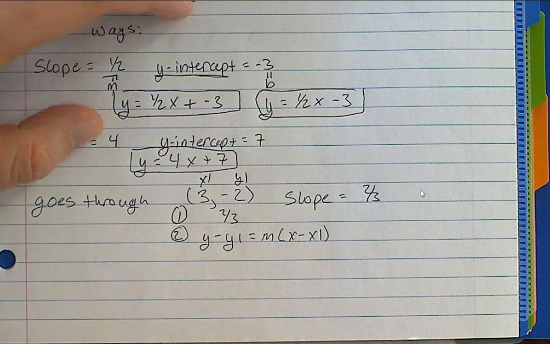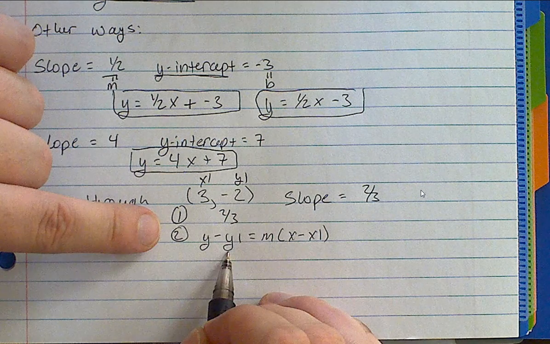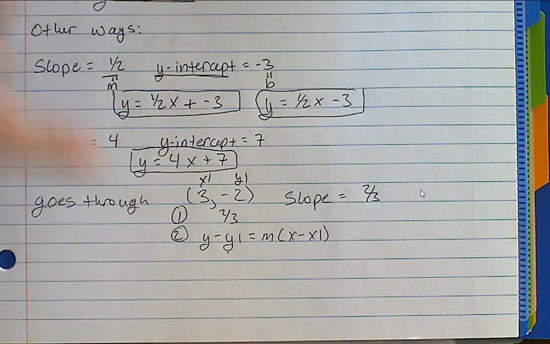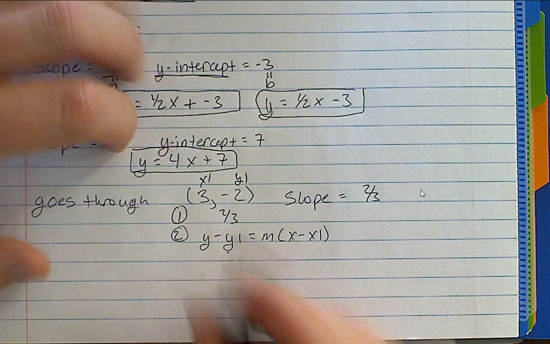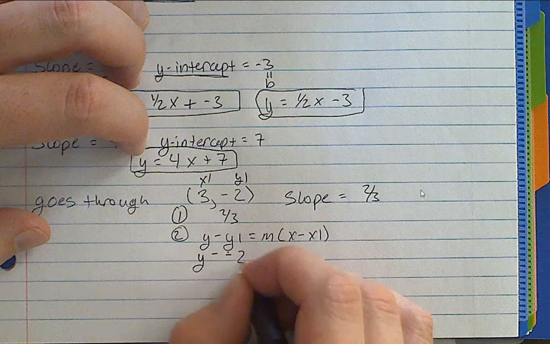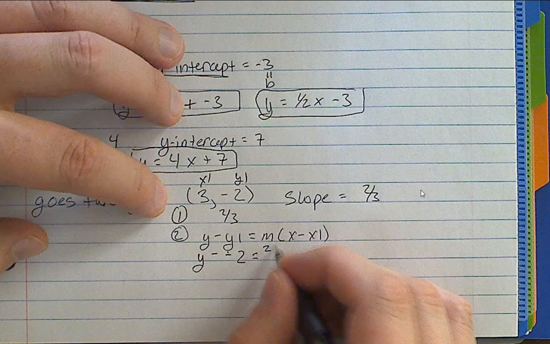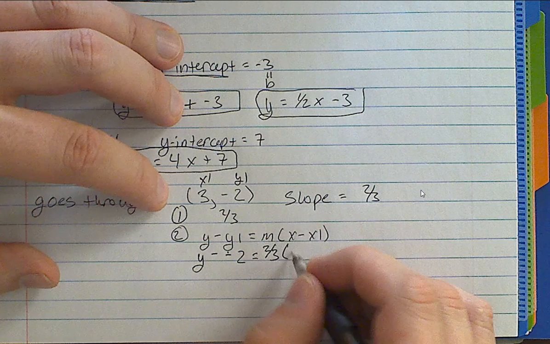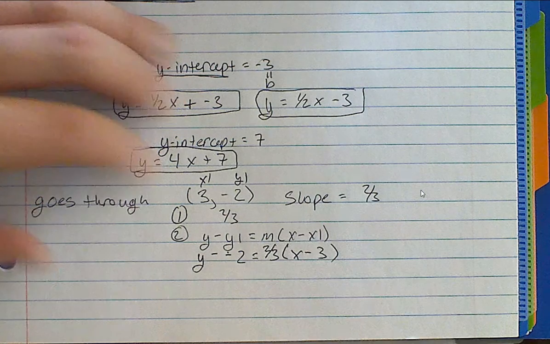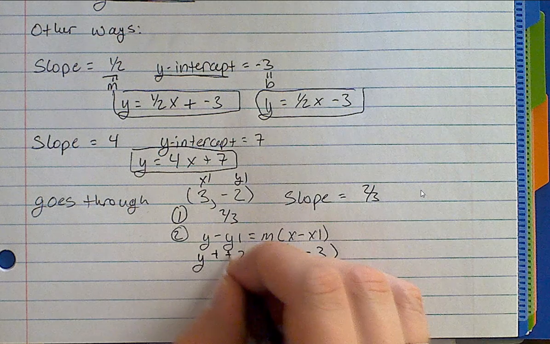So that means I'm going to substitute in for y1, -2, and in for x1, 3. And then in for the slope, 2/3. So this is going to be y minus -2. Again, be cautious about that minus negative. Slope is 2/3. And then I'm going to do x minus 3. Now minus negative, I'm always going to make sure that I change that to plus positive.